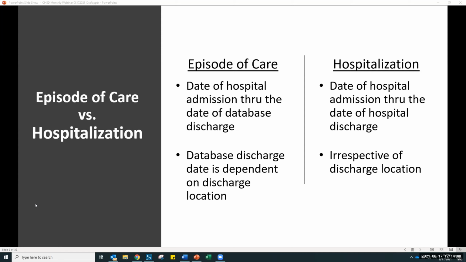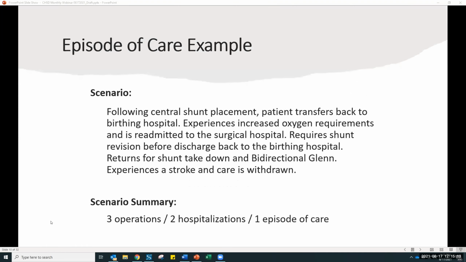However, if you don't discharge home, then you know that your database discharge date is dependent on meeting the other criteria. Whereas hospitalization is the date of your hospital admission through the date of hospital discharge. And this is irrespective of discharge location. So it doesn't matter where you go following discharge from your hospital, your surgical center, you still have a date of hospital discharge.